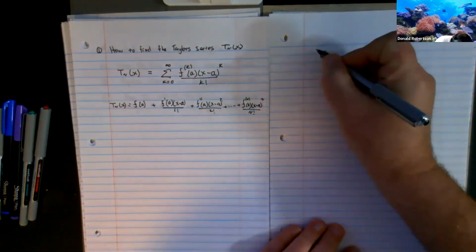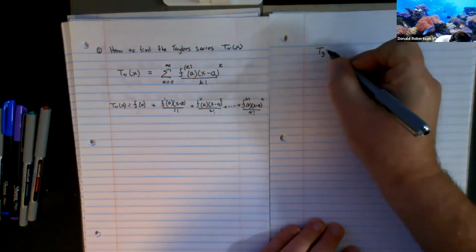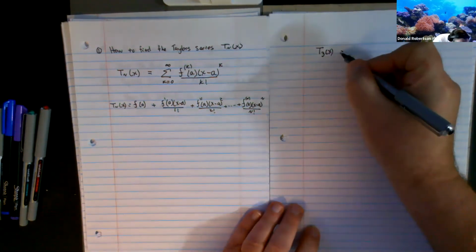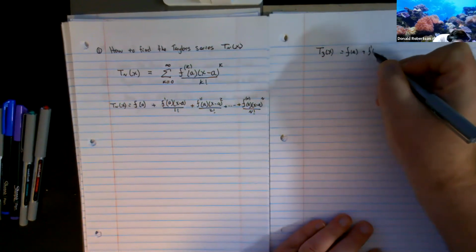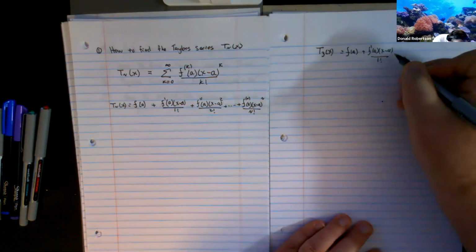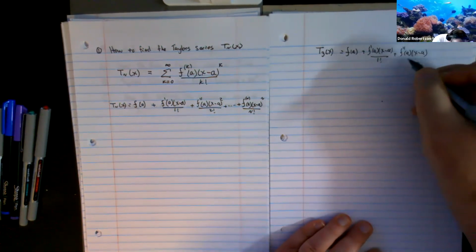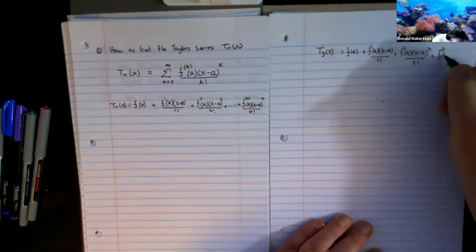For instance, if I wanted to find T3 of x, it would be the value of the function at a, the first derivative, the second derivative, and lastly the third derivative.